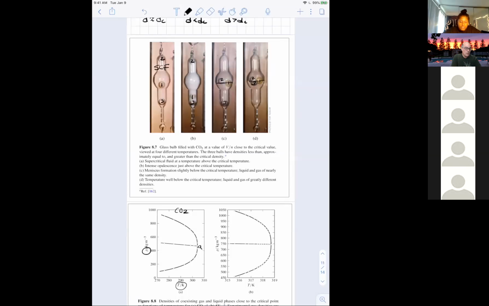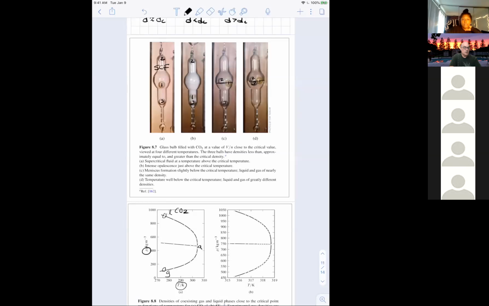If you look at the density, the liquid is on top, high density, and the gas is on the bottom. So in these two separate curves we're able to measure two different densities. At a given temperature, we have this point and this point. They're labeled, one's a triangle and one's a square, but they're really hard to see.